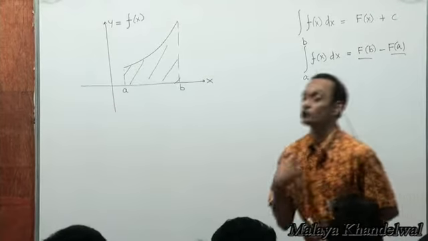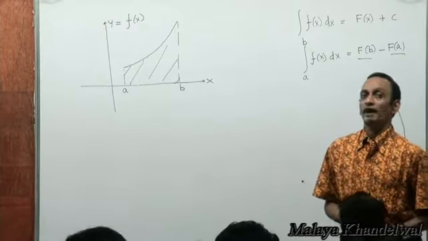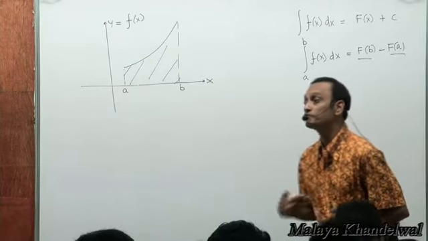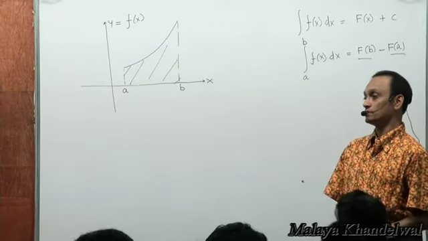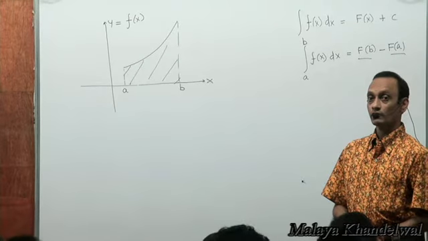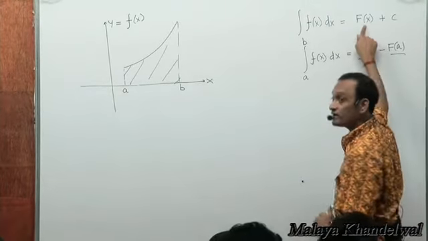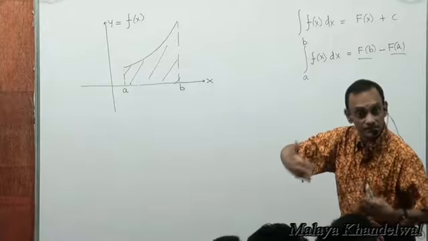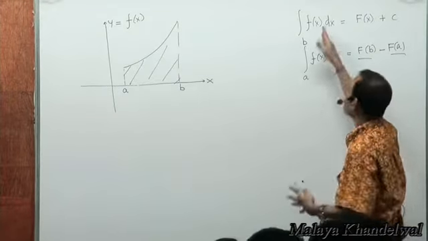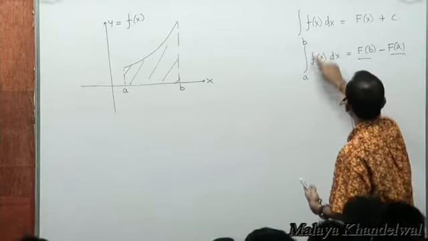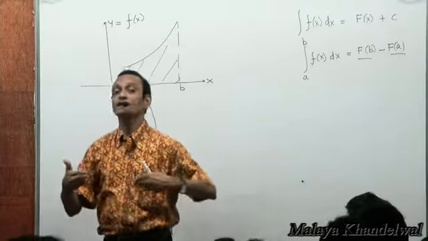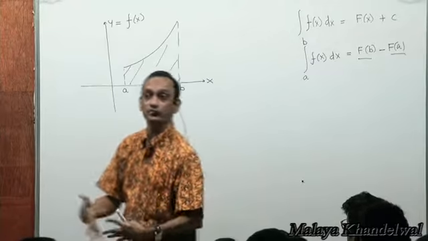But not even remotely have I offered a formal version of why this is the case. Capital F(x) is an antiderivative, a primitive of small f(x), and that F(b) minus F(a) giving us this area still lies in a black box.